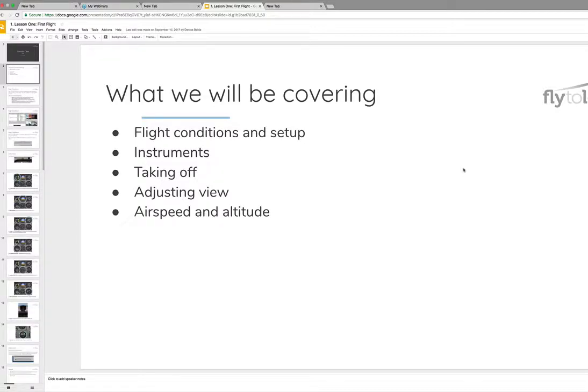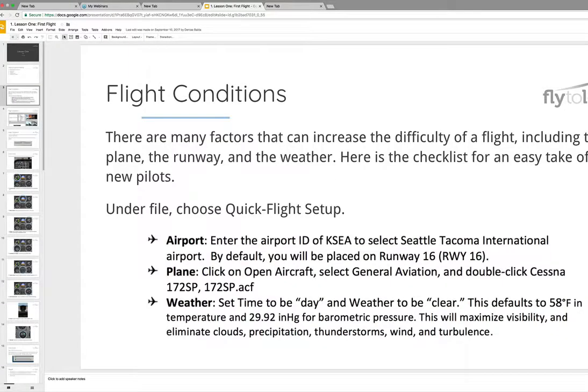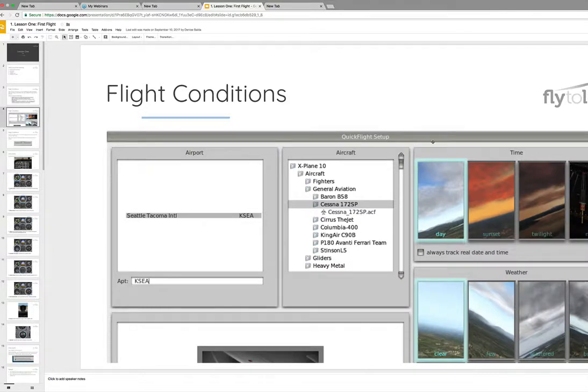There are videos to go with this in print, but basically teaching you how to take off. Remember, the quick flight setup is where everything occurs.